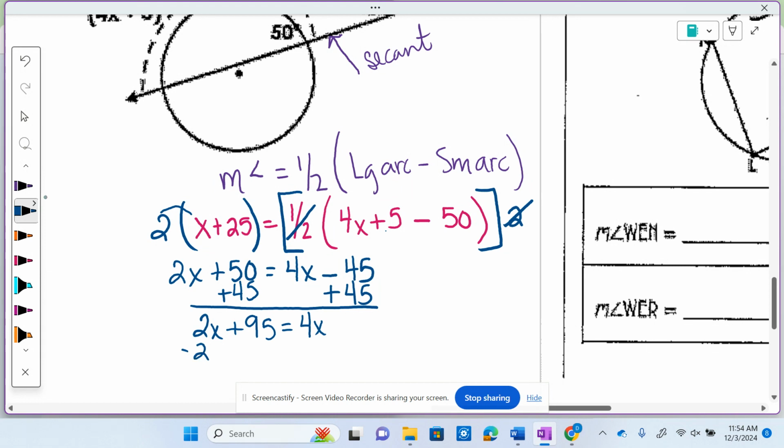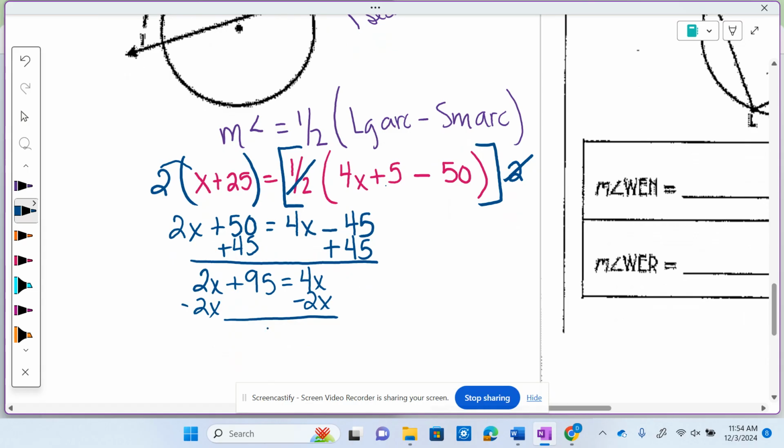Subtract 2x from both sides. So 95 equals 2x. Divide both sides by 2, and I find out that x equals 47.5 degrees.